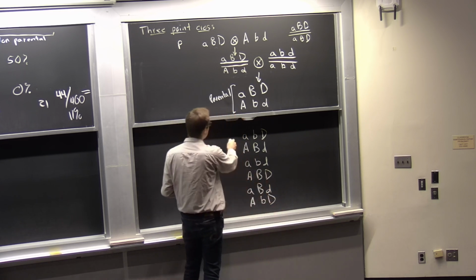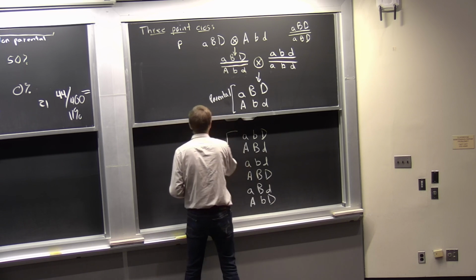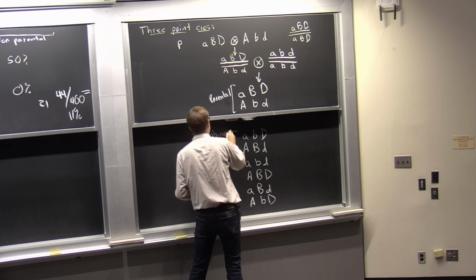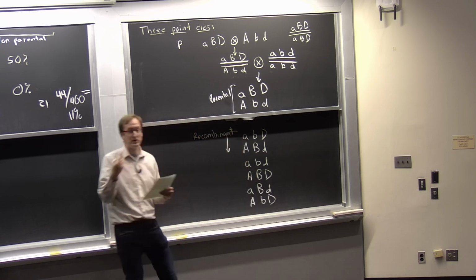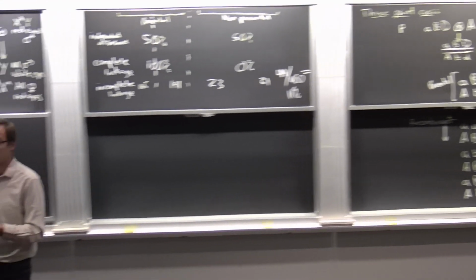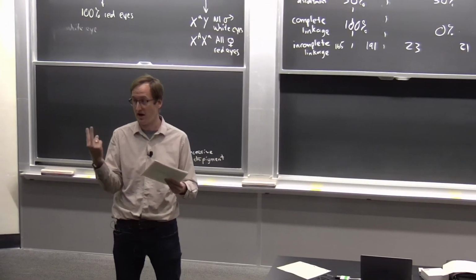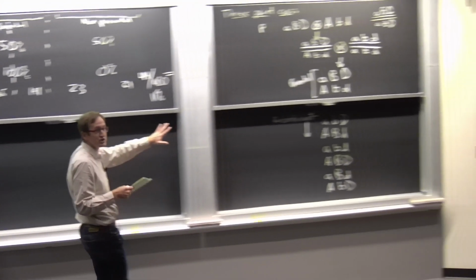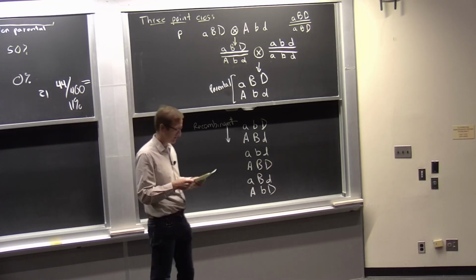Okay? So all of these progeny that I drew down here are recombinant because they don't resemble the parents. Right? Because there are 3 genes, now there's many more ways to get recombinant progeny as opposed to having just 2 genes, right? So you can have many different combinations of these different alleles.